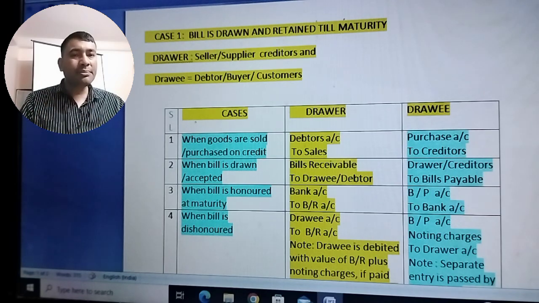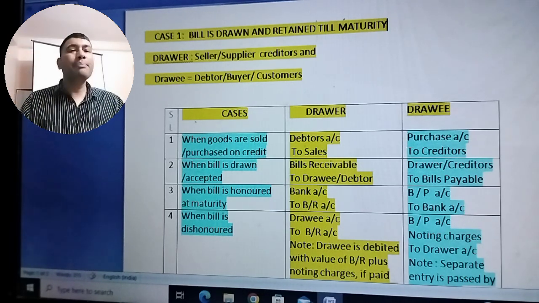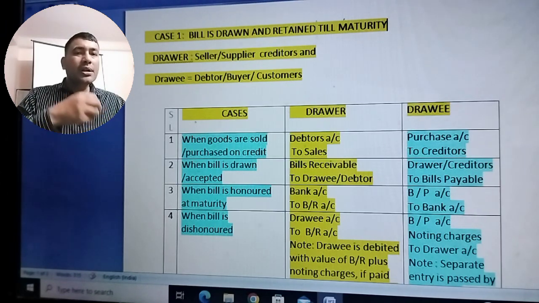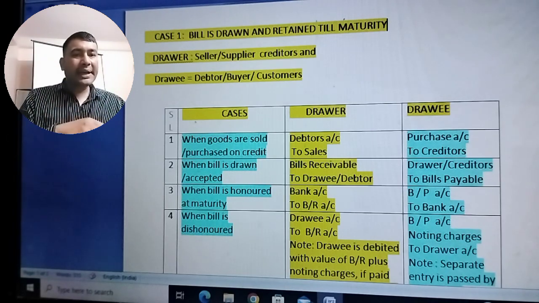So he has to cancel the bills payable. So you will write bills payable to bank. The drawer's entry will be bank to bills receivable, and the drawee's entry will be bills payable to bank.